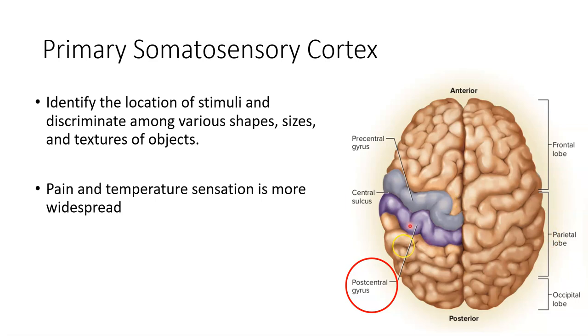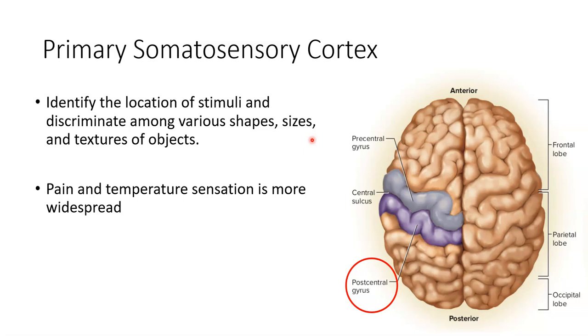I'm saying this because some students get confused when a question on the exam asks, what's the primary function of the primary somatosensory cortex? There will be options like discriminate between shape, size, and textures by touching them, or discriminate among shape, size, and textures of objects by visually seeing them.